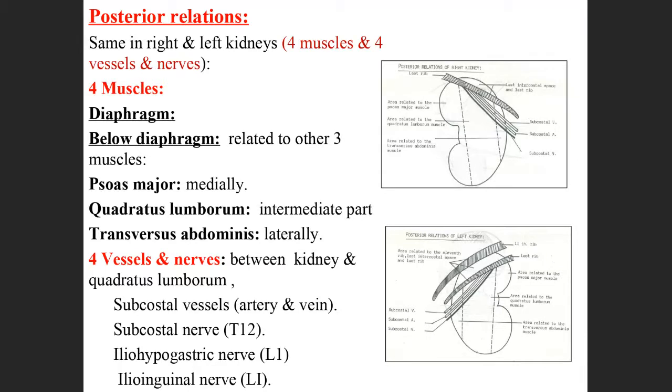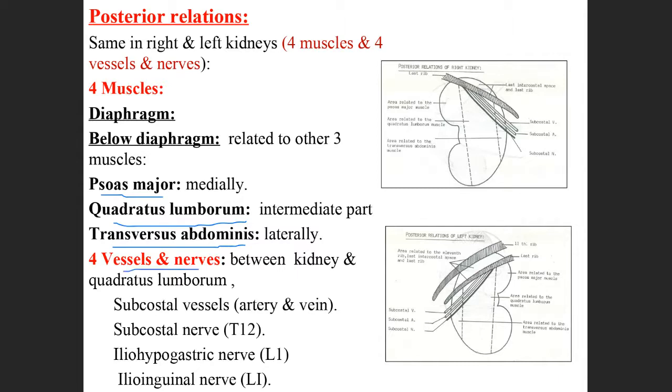The muscles are the diaphragm, psoas major, quadratus lumborum and transversus abdominis. So these four muscles are the posterior relations of both kidneys. So there is no right and left in the posterior relation.